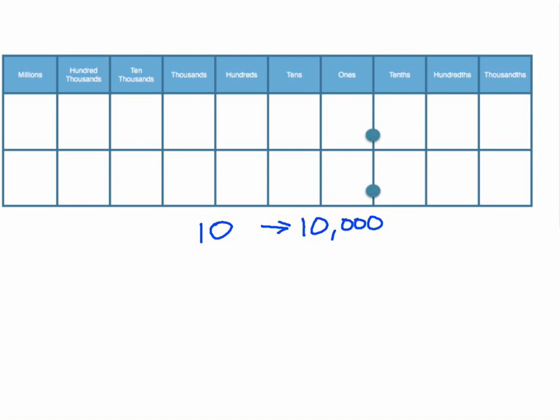So in order to get from here to here, we had to go 4 times, right? So our problem would look like this.